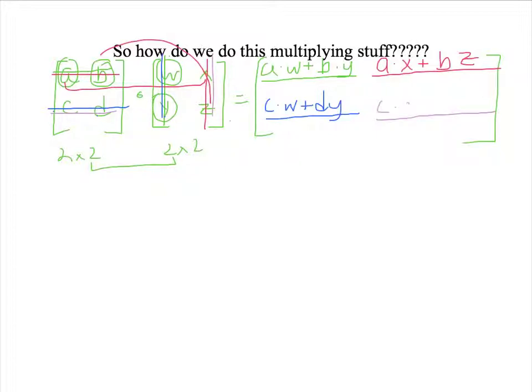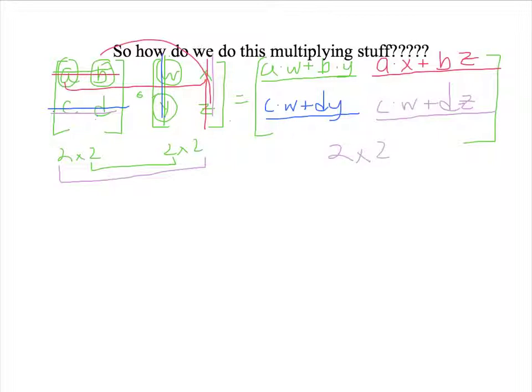So C times D. No, that is so wrong what I just said. So let me erase that. I do C times X. So C times X plus D times Z. And here I have my resulting matrix, and it's also a 2 by 2. And it works out because the outside numbers are both 2's.